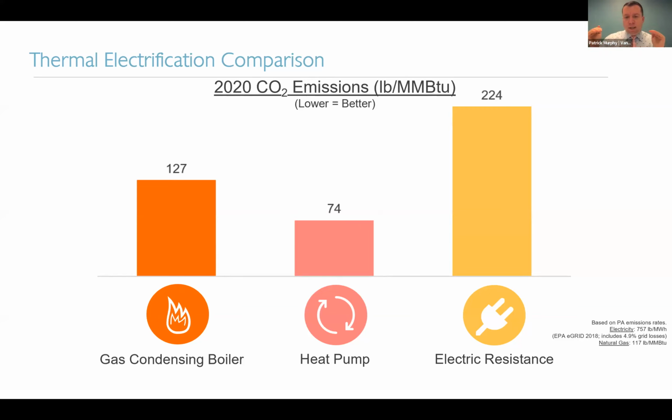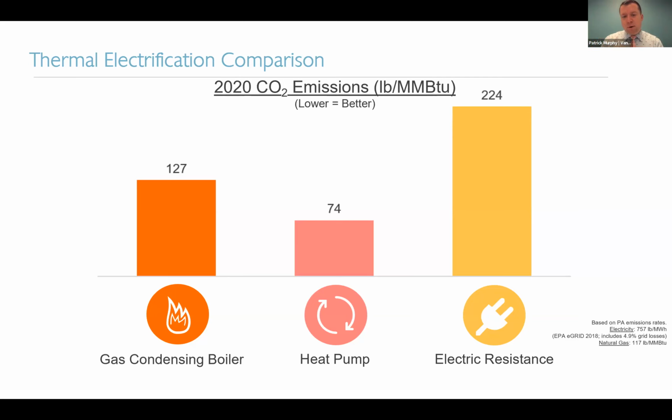The numbers will change depending on the electricity grid and a number of factors, but the general gist is that right now you can produce the same amount of heat with lower carbon emissions with a heat pump than with any other technology. And the benefit of electrifying by going with a heat pump is that it's not just year one. If you think about the lifetime, as the grid gets cleaner, it gives you opportunities for the future.